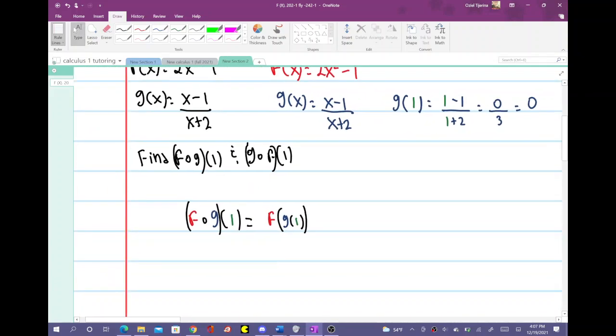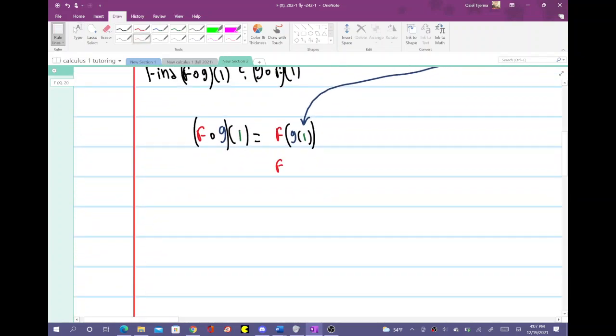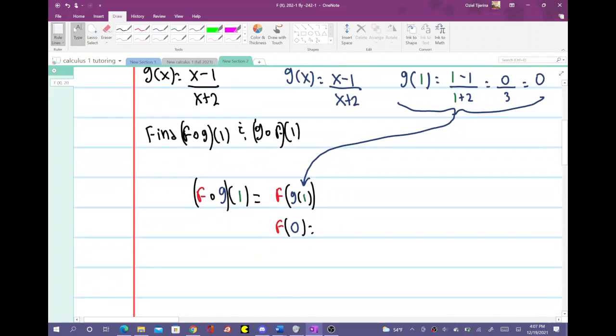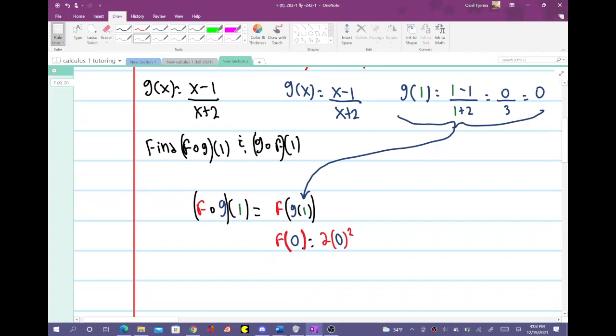So then we plug this in for g of 1. So now we have f of 0. Because that's what we got for g of 1, f of 0 is going to be equal to 2 times 0 squared minus 1.